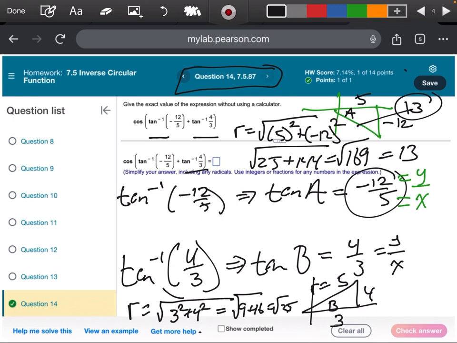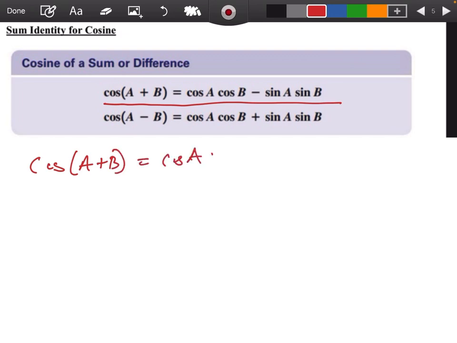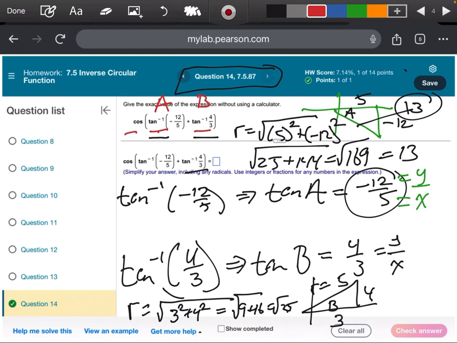Okay, so let's do this. If I'm looking at my cosine of these two parts, remember that's my A and that's my B. So right here, we got our formula. The cosine of A plus B is cosine of A, cosine of B, minus the sine of A and the sine of B. So let's come back here.